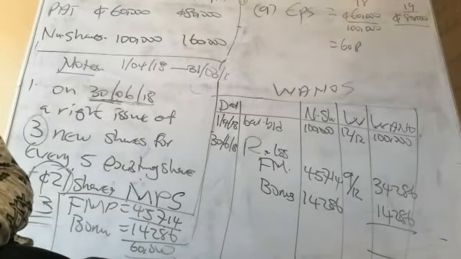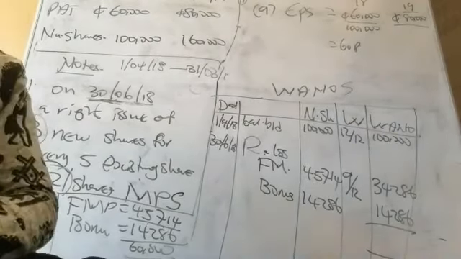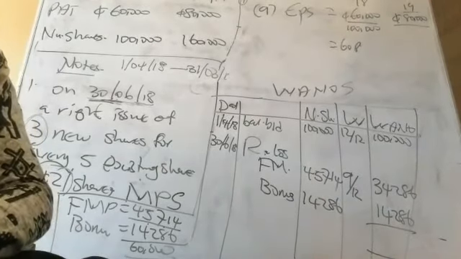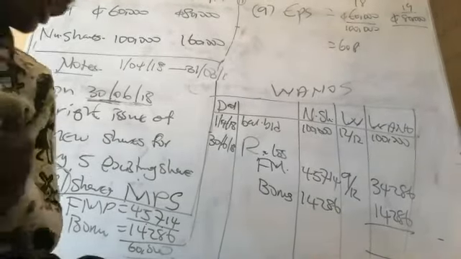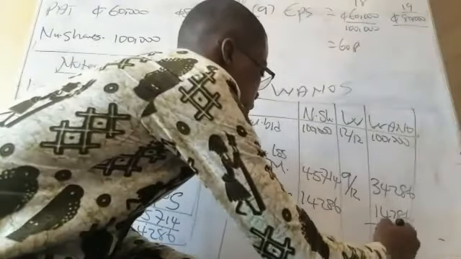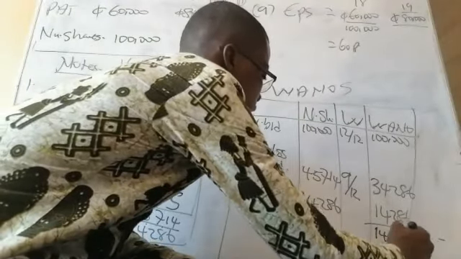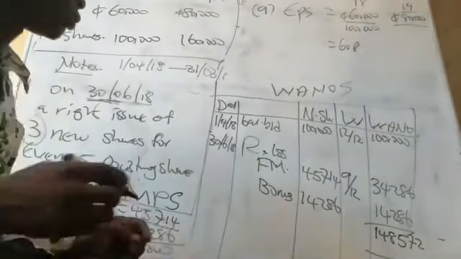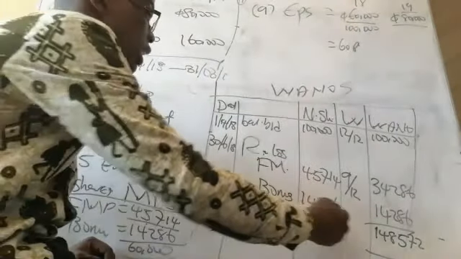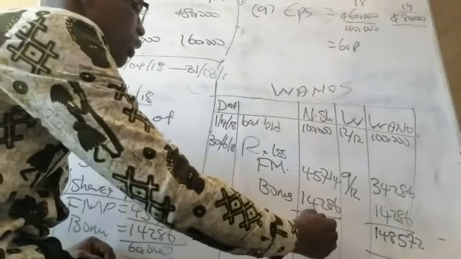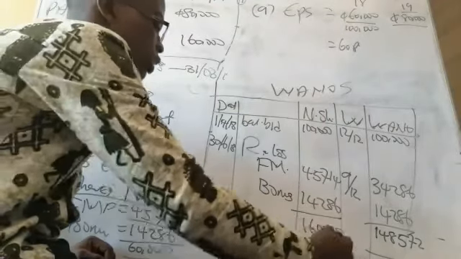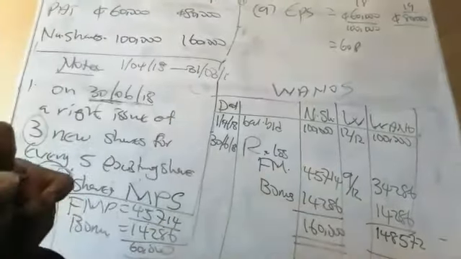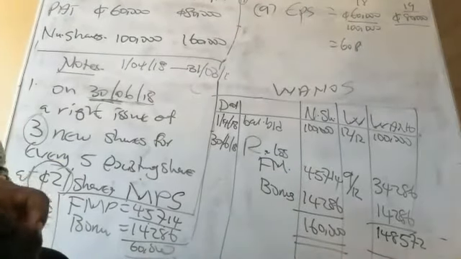That's 148,572. Then that's the end of the game. If you put all this together, I get 148,572 for the weighted average.